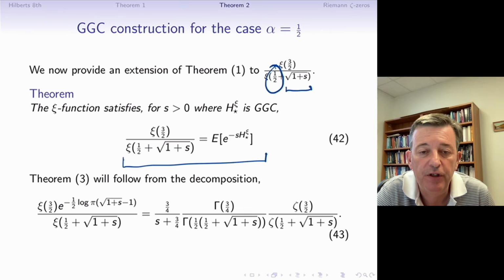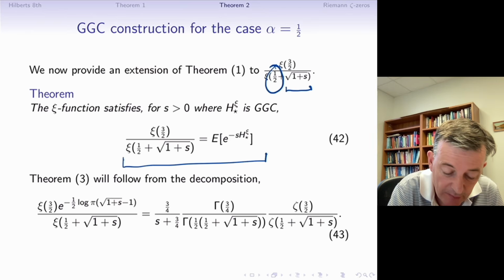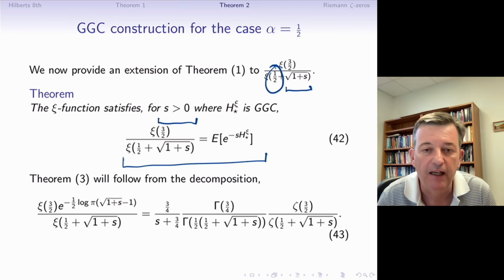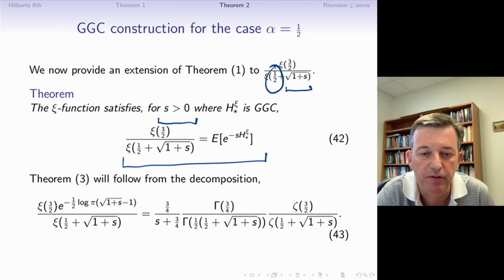The proof of 42 works because the argument on the left hand side, a half plus square root of 1 plus s, is bigger than 1. So we can still use the Euler product formula here, in a same style proof. Let me remind you, I'm only ever taking square roots of positives, so we only need to consider the case where s is bigger than 0.